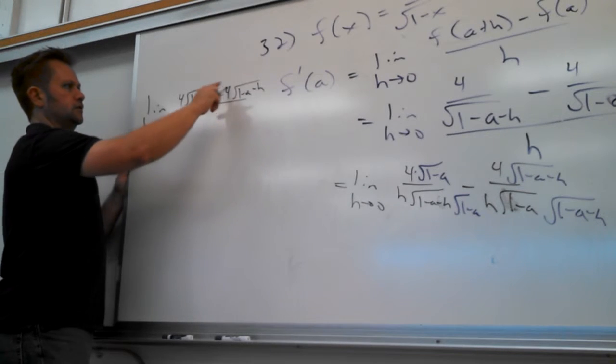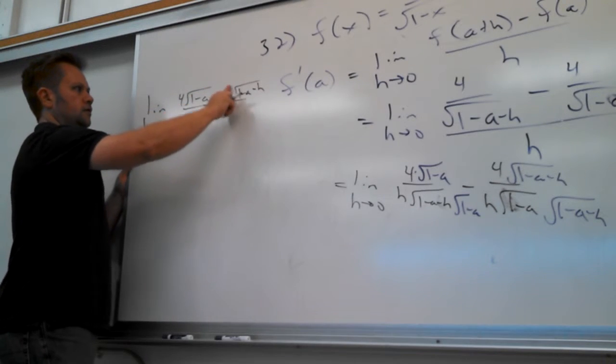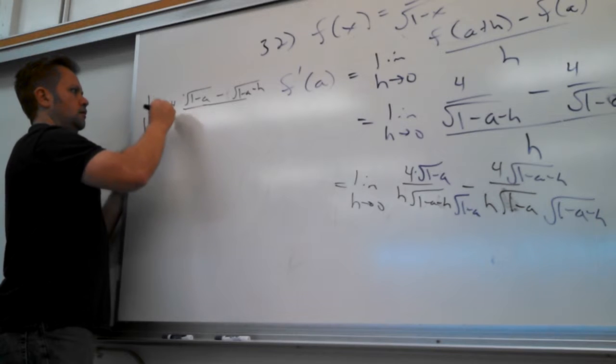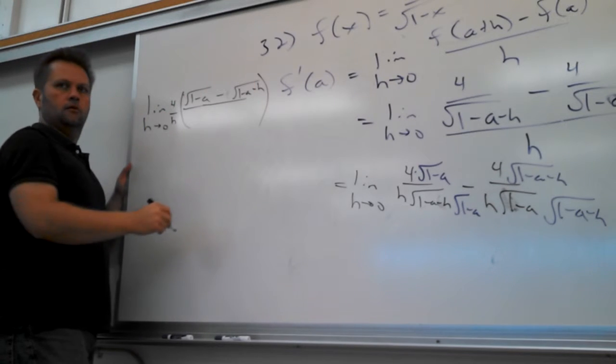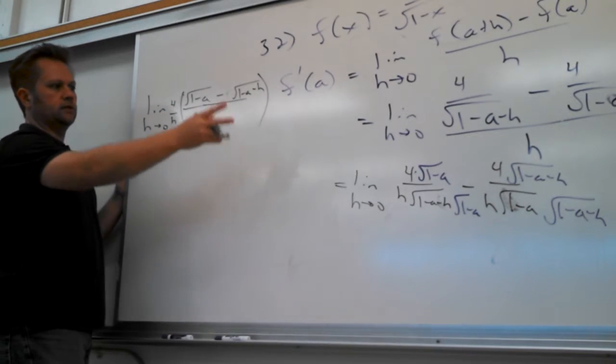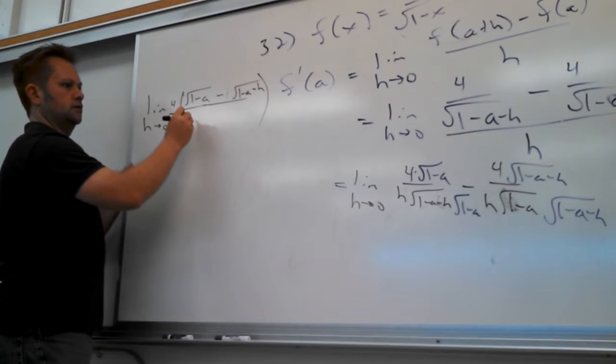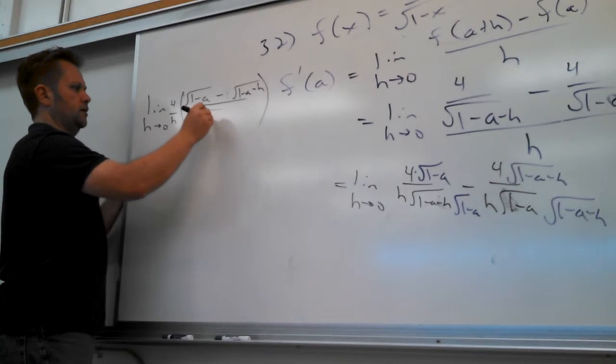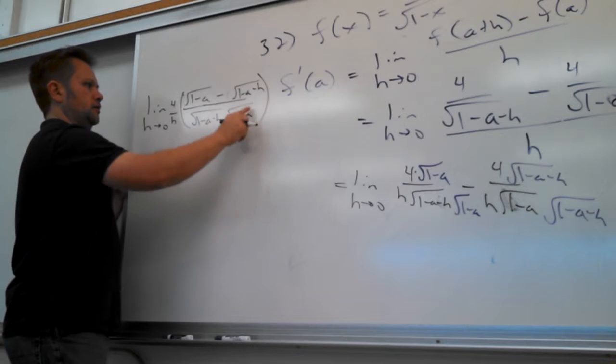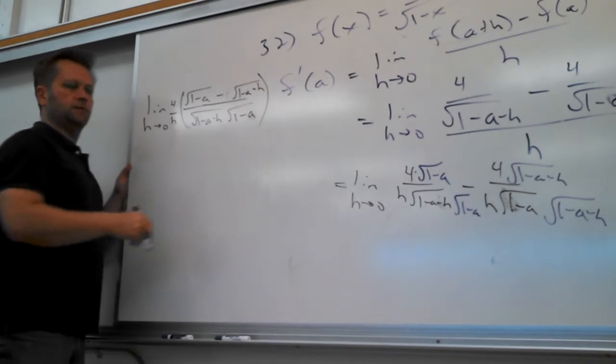So let me see if you guys can deal with this. Right? 4 on top, h on the bottom. And so the bottom is going to be square root of 1 minus a minus h times square root of 1 minus a.